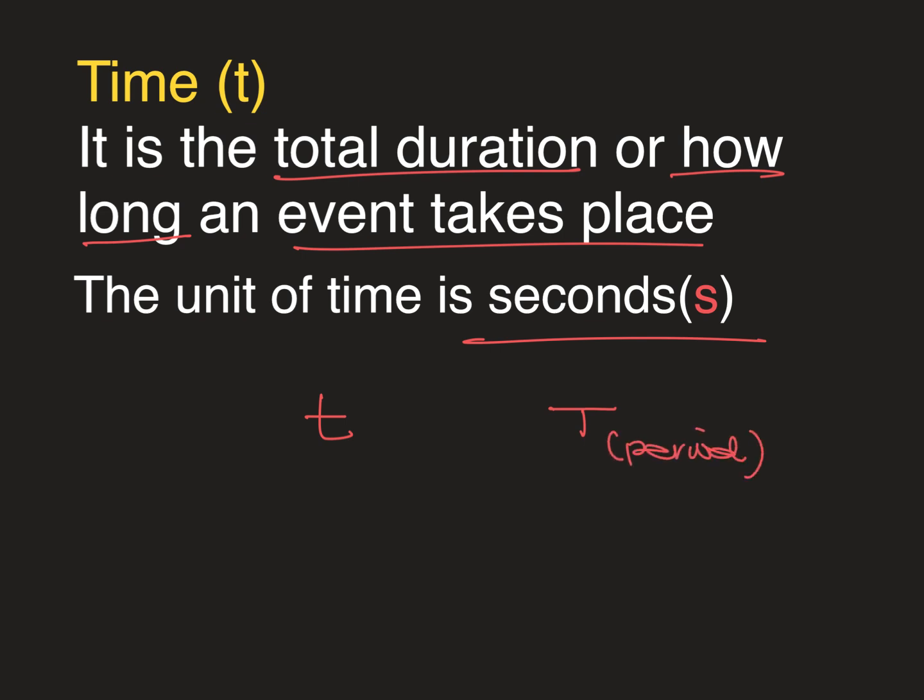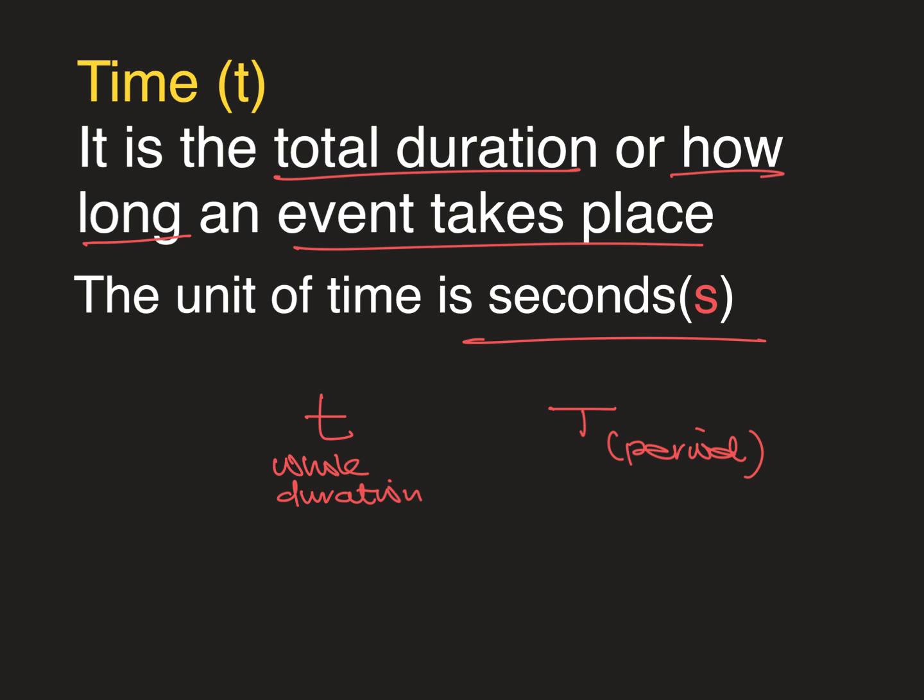Okay? The time here is talking about the whole duration. That is for the small t. The capital letter T is just talking about the time it takes to perform just one rotation or just one revolution. Okay? So remember, there is a difference.